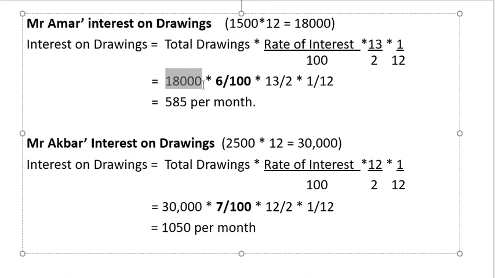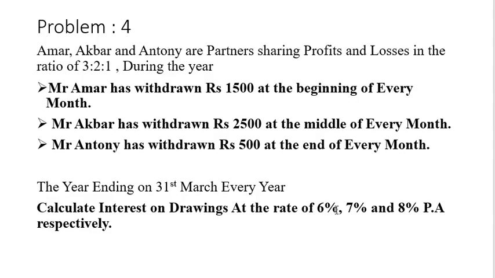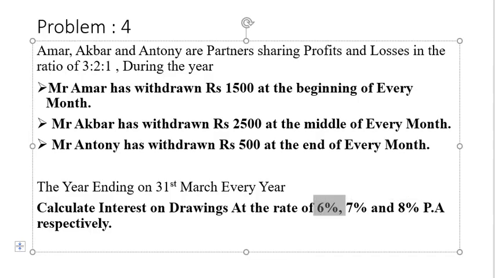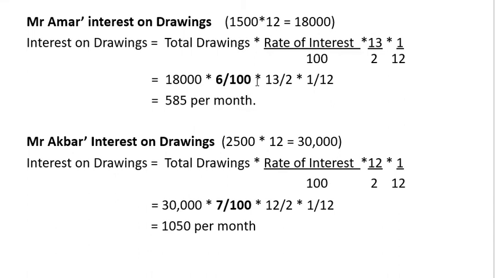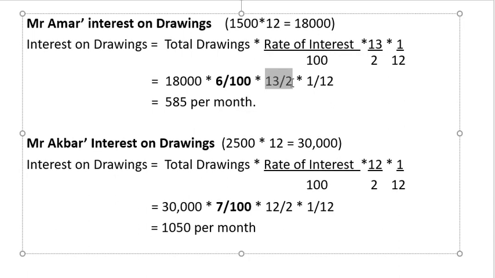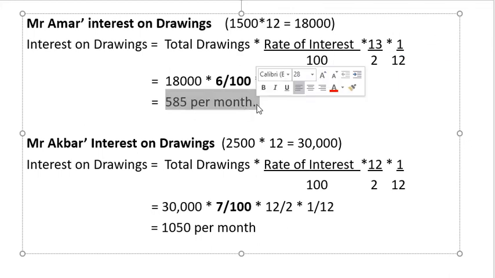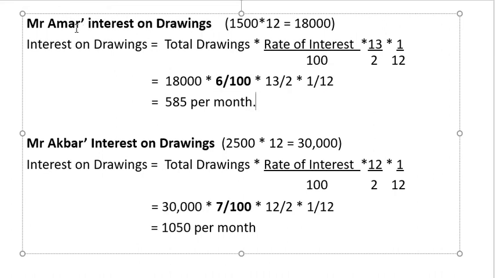So 18,000 into the first percentage, which is 6%. Apply this: 6 divided by 100 into 13 by 2 into 1 by 12. The answer is 585 rupees. That is the interest on drawings of Mr. Amar.